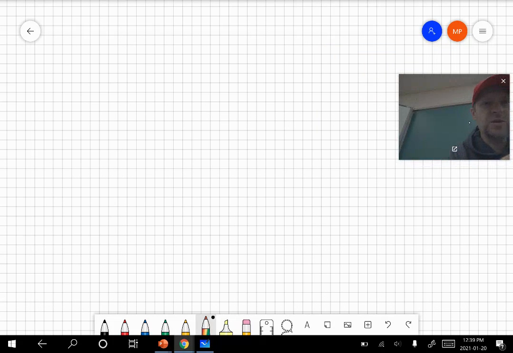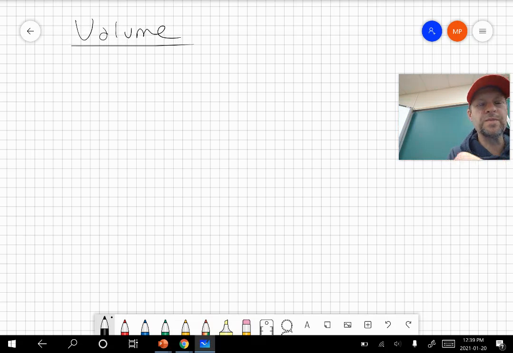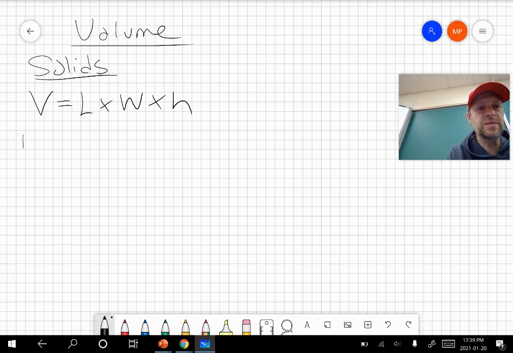And let's talk about volume. Ooh, that pen is a little aggressive there. Let's erase that. Let's talk a little bit about volume. Okay, so for solids, if it gives you the dimensions, like the formula for finding the volume of something that's like a rectangular prism, then it's going to be length times the width times the height.